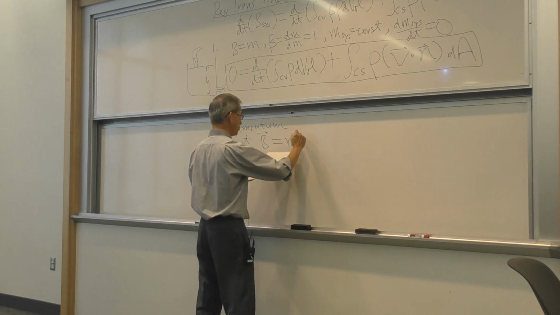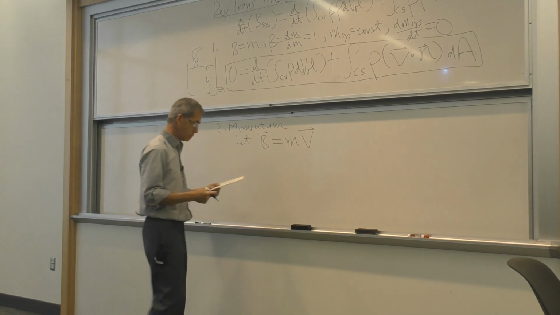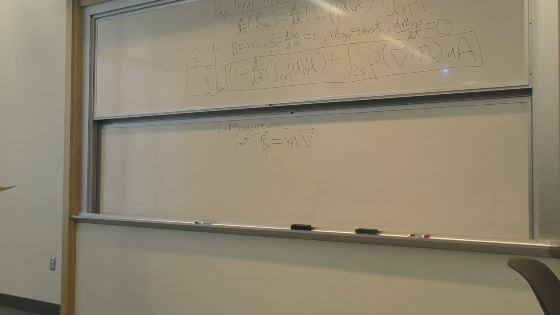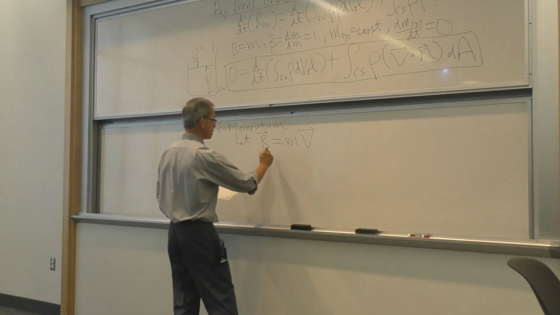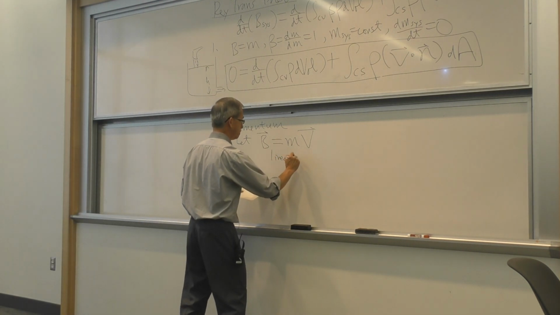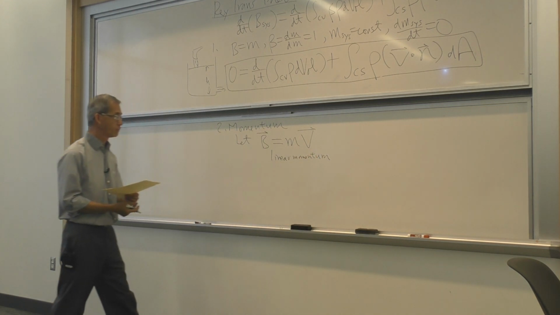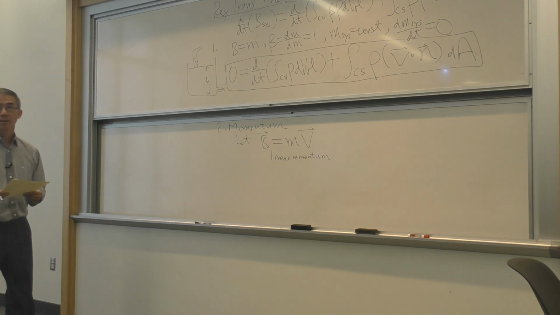I'm going to set the capital B to be my momentum flux, m times the velocity. Oh, I'm sorry, I misspoke. This is linear momentum, not momentum flux. This is simply mass times velocity, a linear momentum.